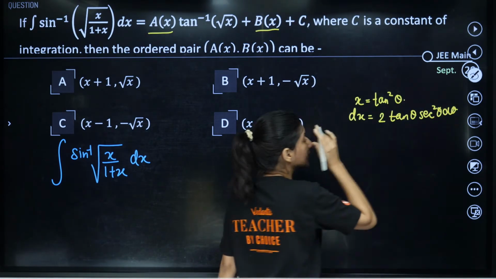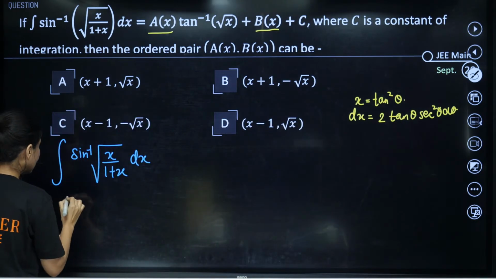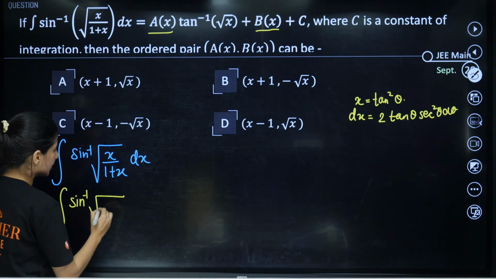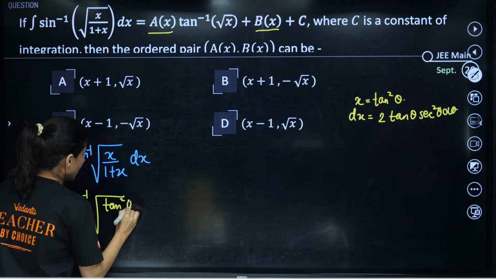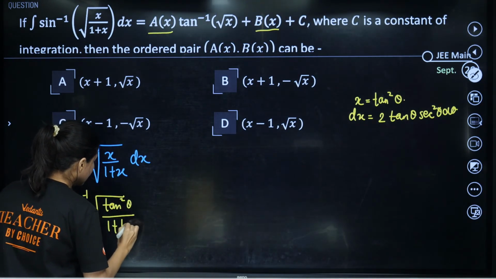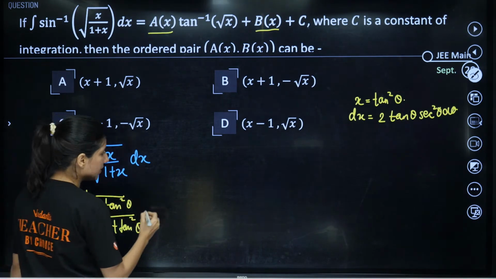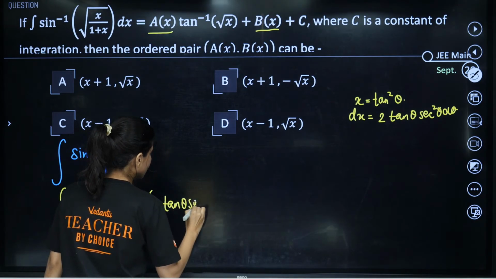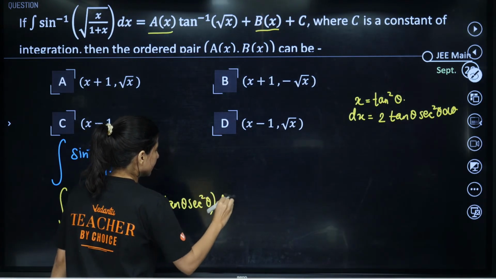So sine inverse of square root x is tan theta, and this is 1 plus tan square theta, and dx is 2 tan theta sec square theta d theta.